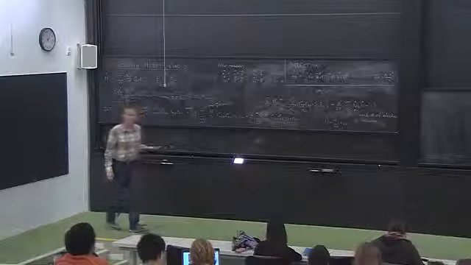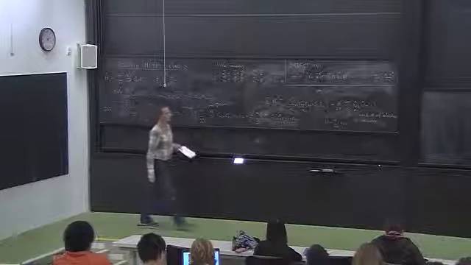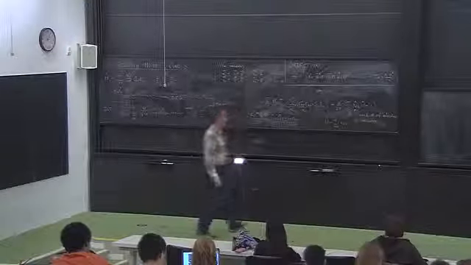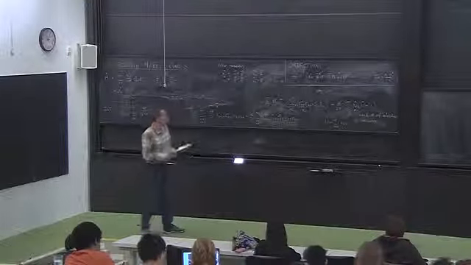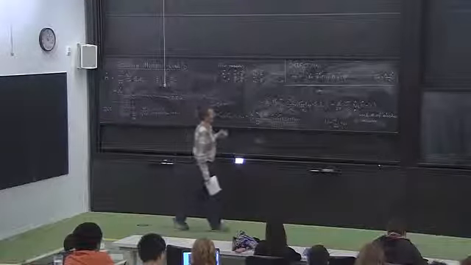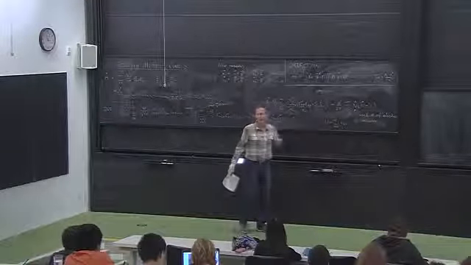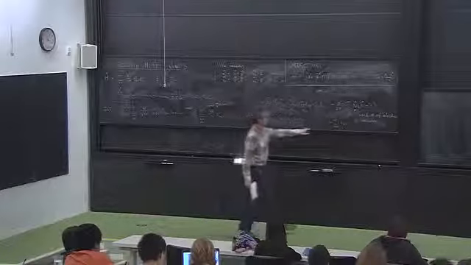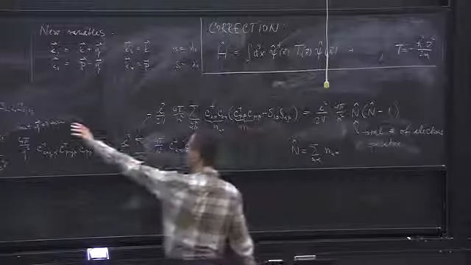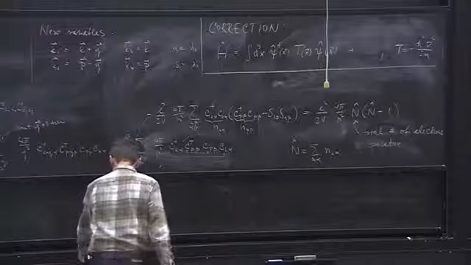Now, why is this useful? Rewriting it in this way is useful because the total number of electrons in a system is a good quantum number, right? My N operator actually commutes with the Hamiltonian.